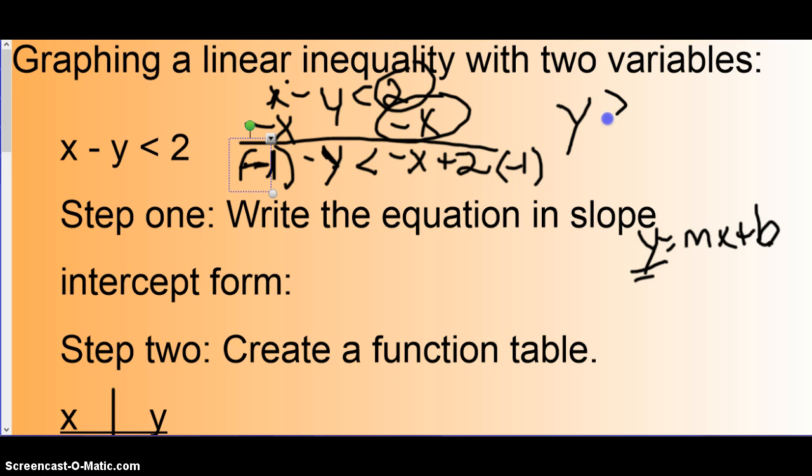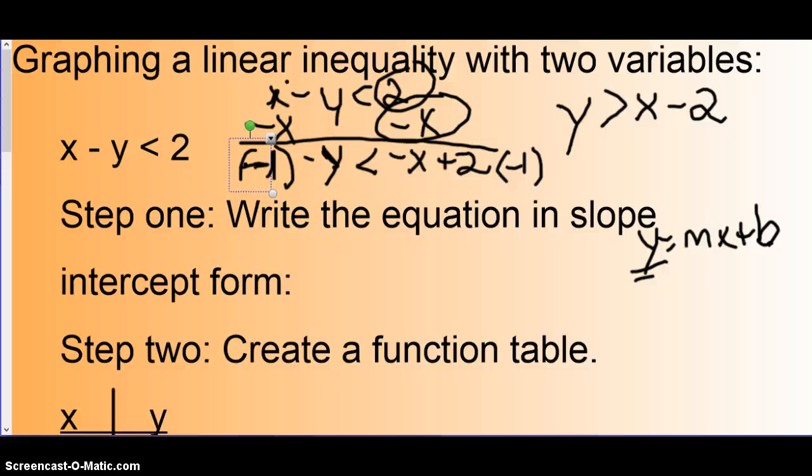So that y is greater than, when I multiply negative 1 times negative x, I get x. When I multiply a positive 2 times a negative 1, I get a negative 2. So my solution for this inequality is y is greater than x minus 2.